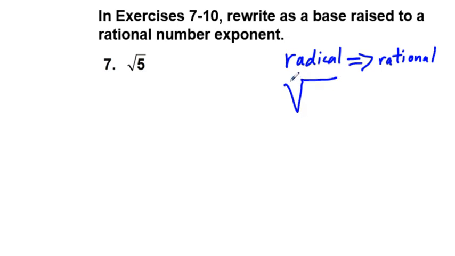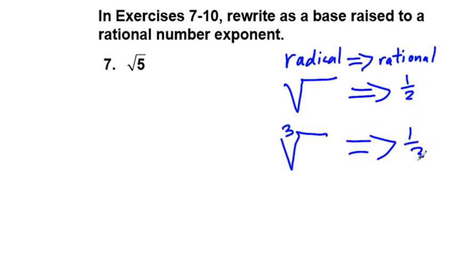It could be the square root, or this one which is the cube root, and we change to rational. If we change that to rational, the square root is going to be to the 1/2 power, this cube root is going to be to the 1/3 power. So this square root of 5 we can rewrite as simply 5 to the power of 1/2. And that's going to be it.